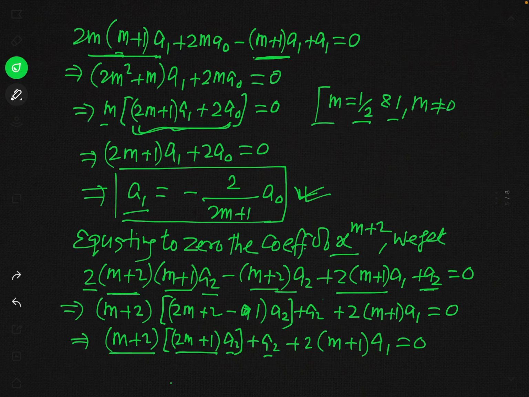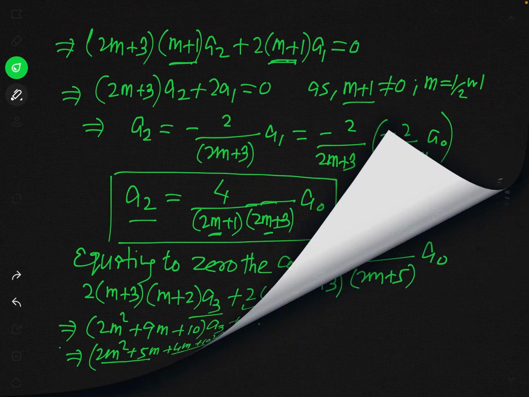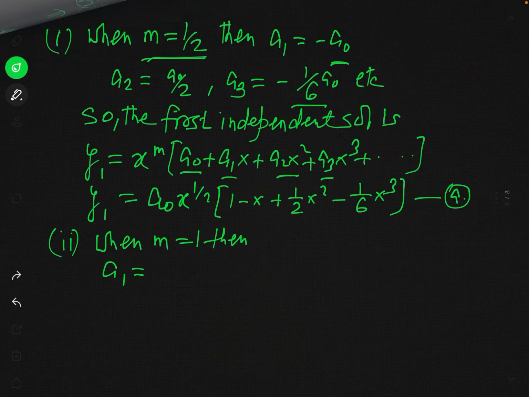So a1 will be equal to minus 2 by 3 into a naught.